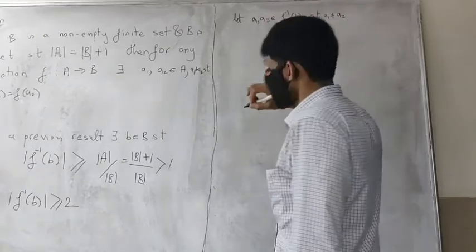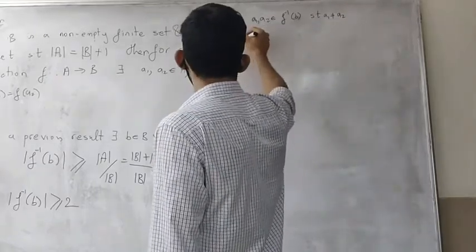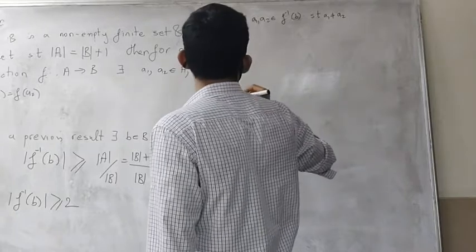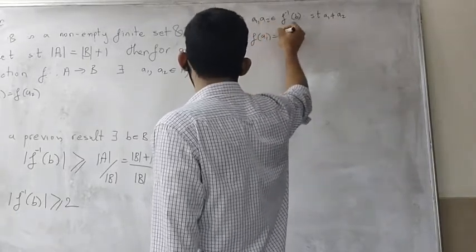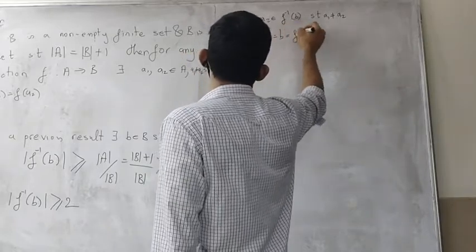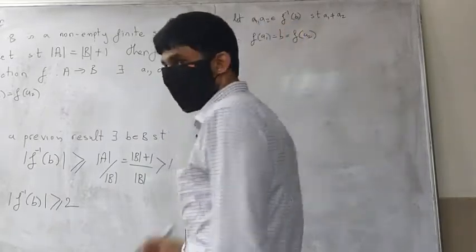Therefore, f of A1 is b, and f of A2 is b. That's how we get it.